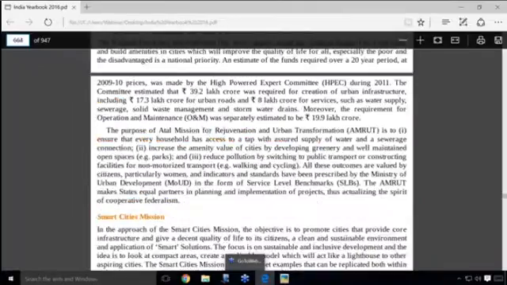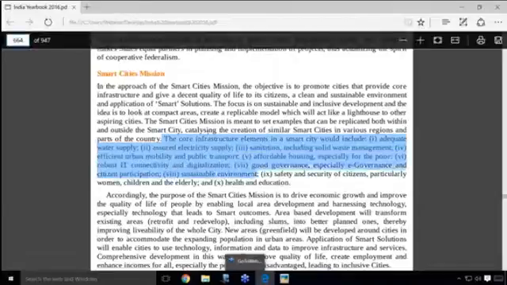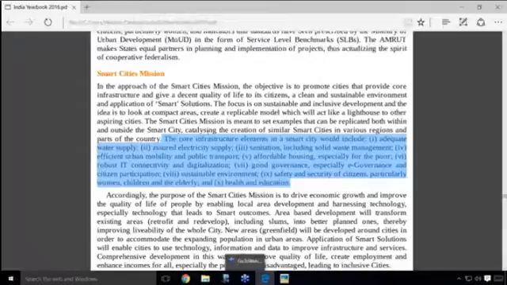So next you have smart cities mission, right? Where you have to focus on this. It is in page 738, first paragraph. See, the core infrastructure elements in a smart city would include adequate water supply, assured electricity supply, sanitation including solid waste management, efficient urban mobility and public transport, affordable housing especially for the poor.